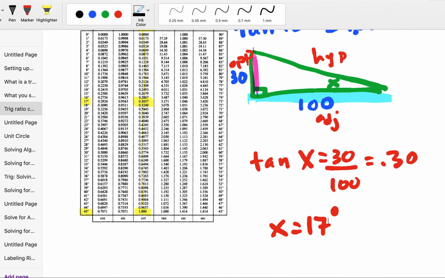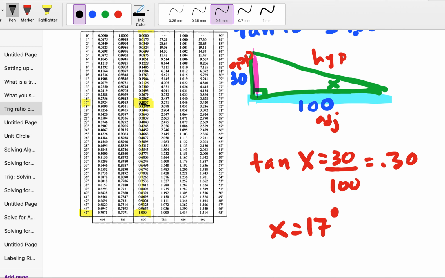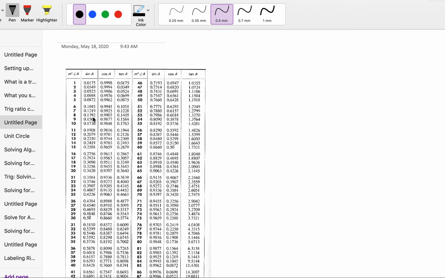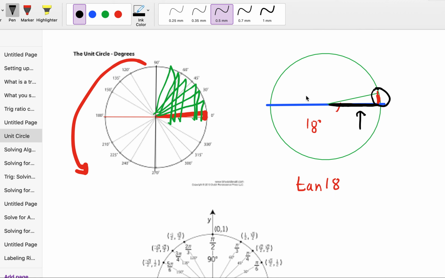So at 18 degrees, we know it would be right here, 32.49. Changing it to a percentage, we have 32.49%.